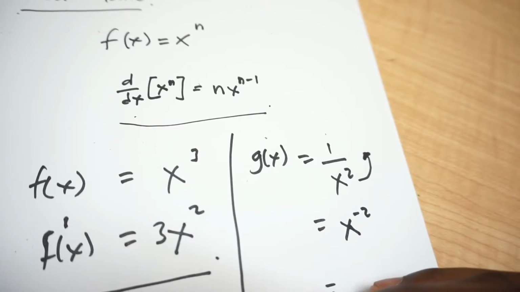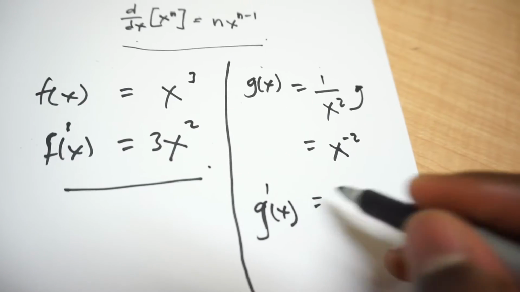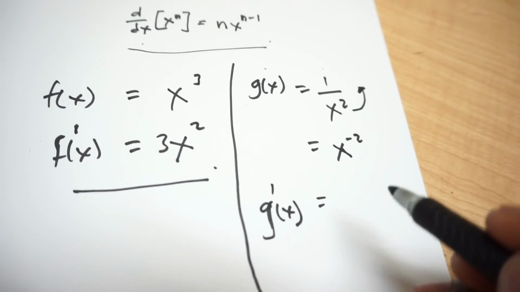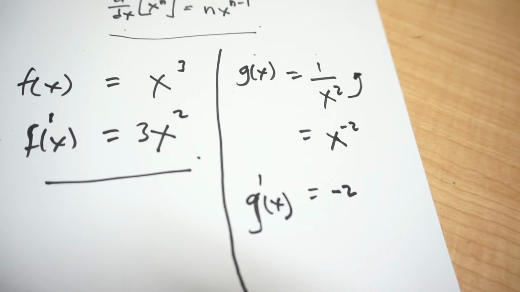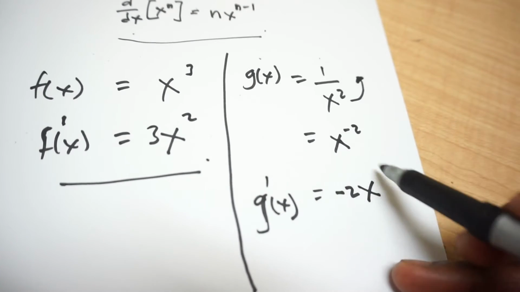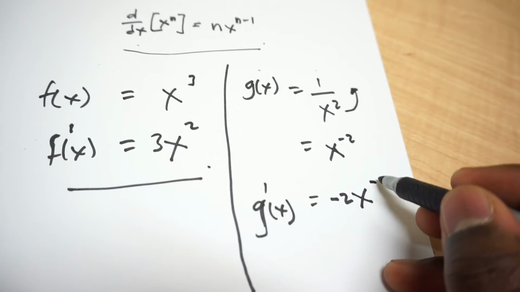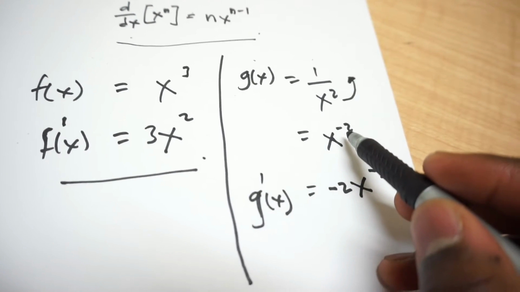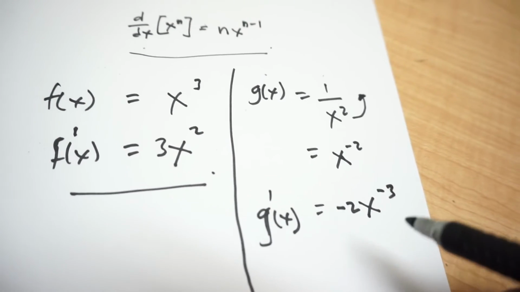I'm going to say g prime of x is going to be equal to, so I bring down the negative 2 here as a coefficient, and then I maintain the x, and then I have to subtract 1 from the negative 2. That's going to be a negative 3 because it's negative 2 minus 1. So that's a negative 3.